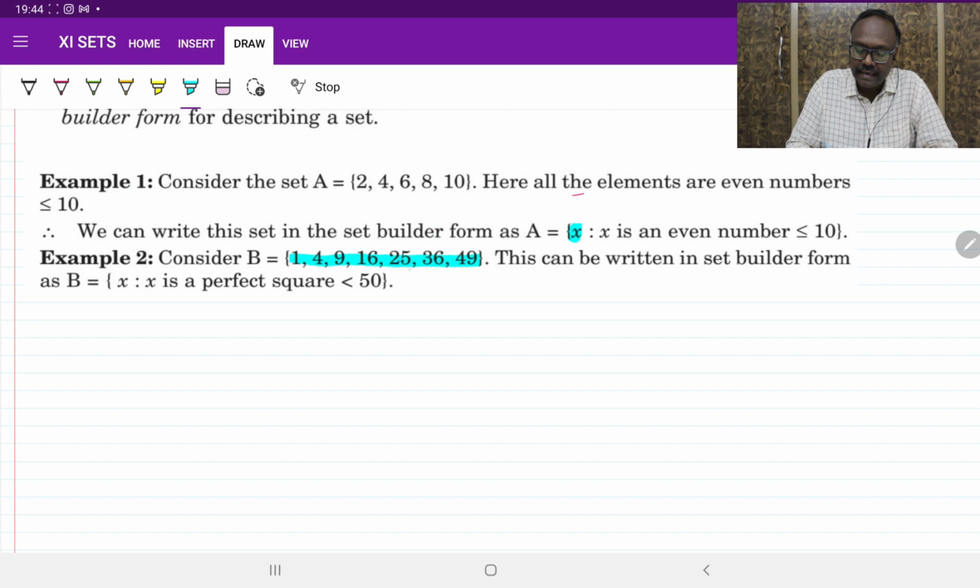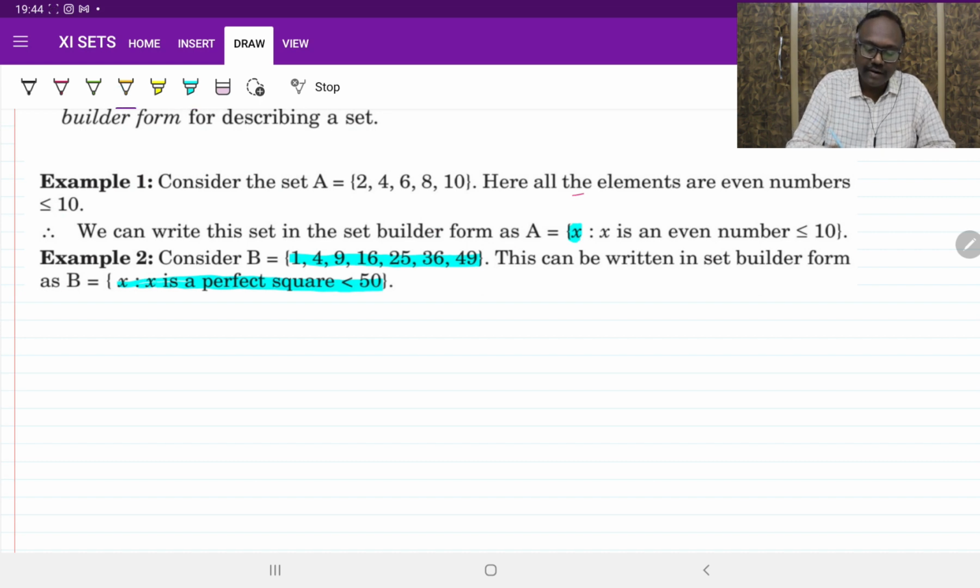In this set, you identify the common property of all these elements, and we find that they are nothing but perfect squares. We also observe that these numbers are less than 50. So this has a common property that all these are perfect squares which are less than 50. So we can write this as the set of all x such that x is a perfect square less than 50. This is how we do the set builder form.